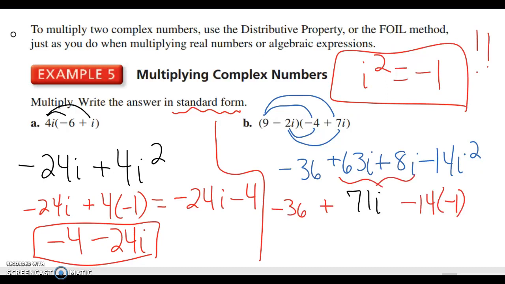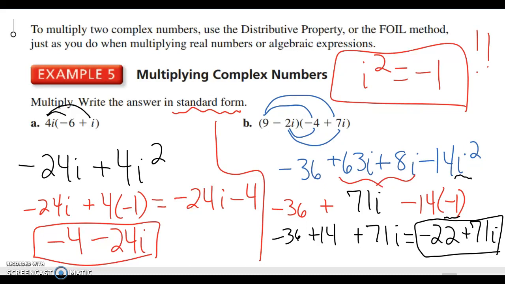So I combine my i's in the middle, my like terms, and then I change i squared to a negative 1, and that means I have plus 14. So I'll have negative 36 plus 14, and then plus 71i. So that should equal what? It should be negative 22 plus 71i.